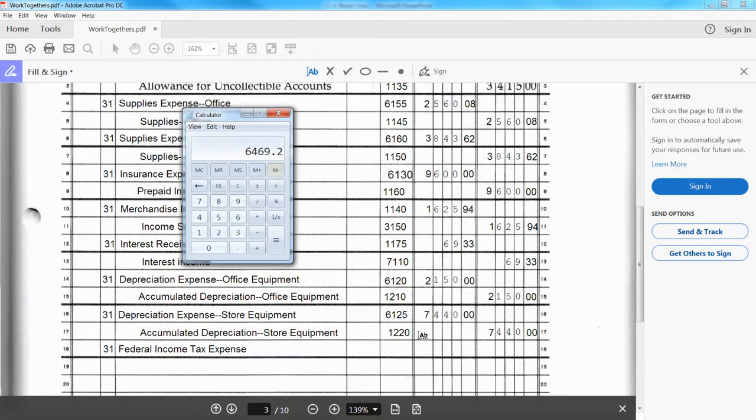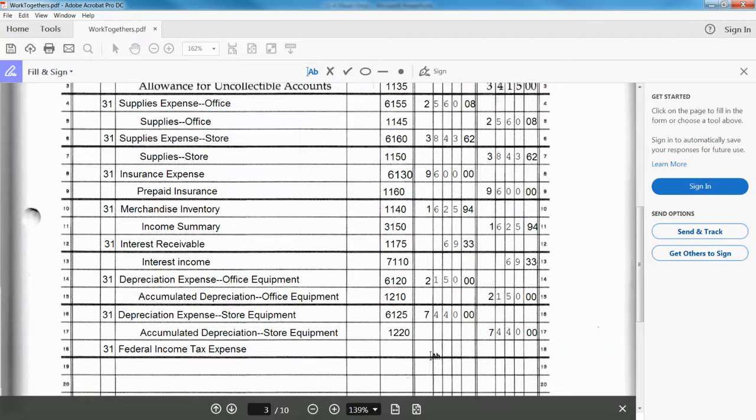So the adjustment is for 6,469.20. And then our credit is to federal income tax payable for the same amount, 6,469.20.